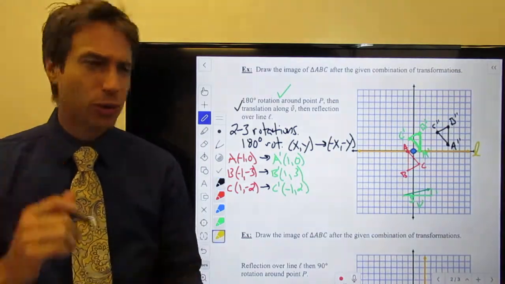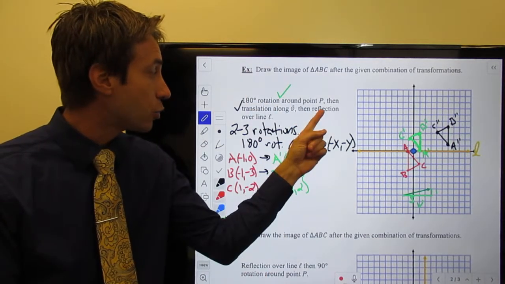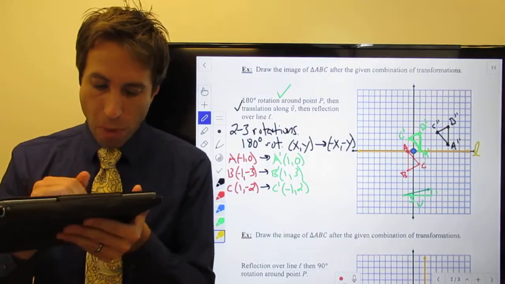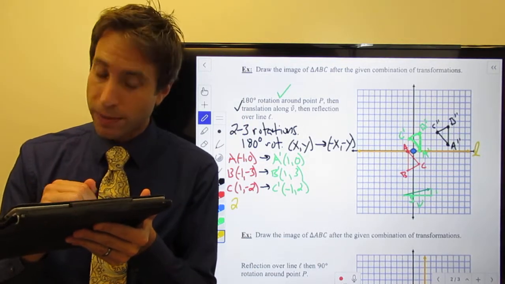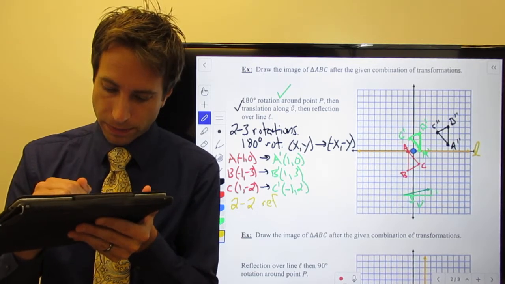And now we'll do yellow. My final color here, I got a yellow. We need to do a reflection over the line L. Now, please recall back to chapter 2, section 2. We talked about reflections.